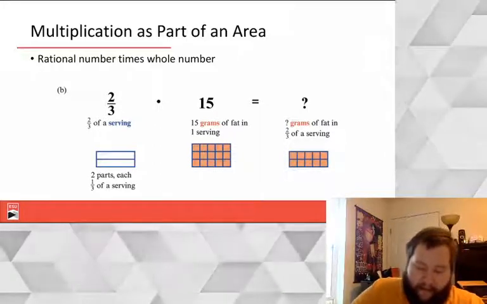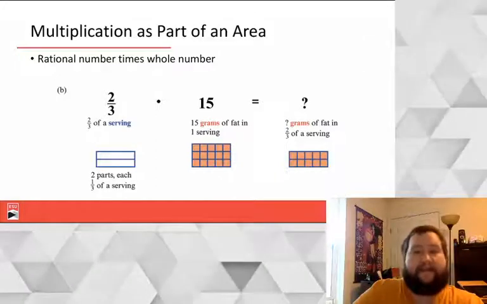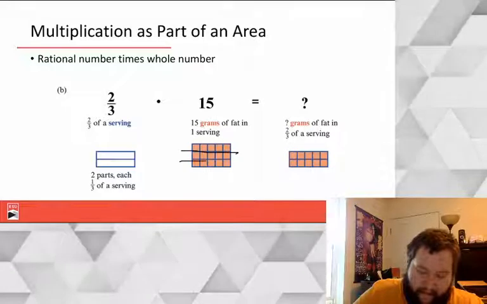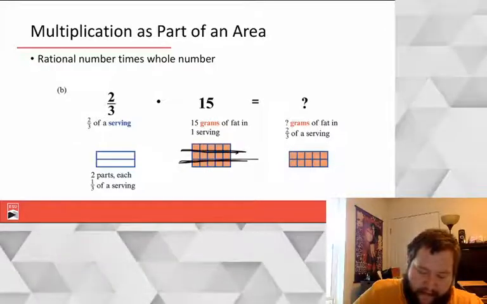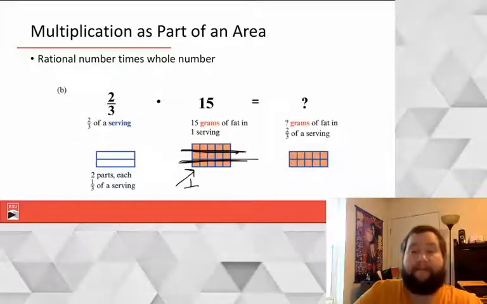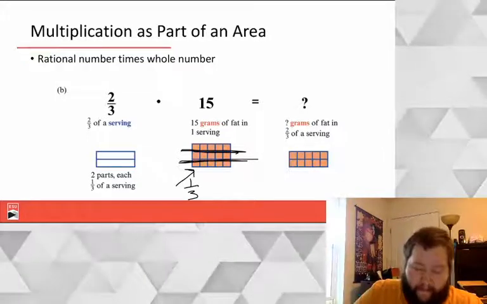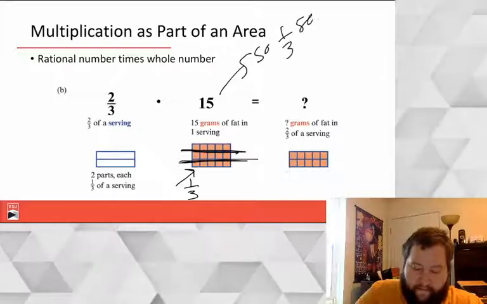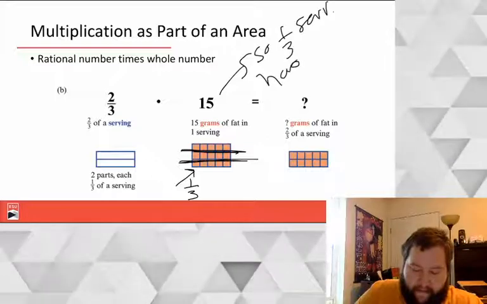Well, we know that there are 15 grams of fat in a serving. And so they drew those in a nice, neat way. It was already divisible by 3, which means that each of these is 1/3. So a third serving has 5 grams.